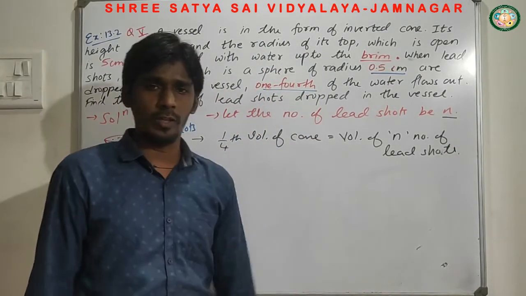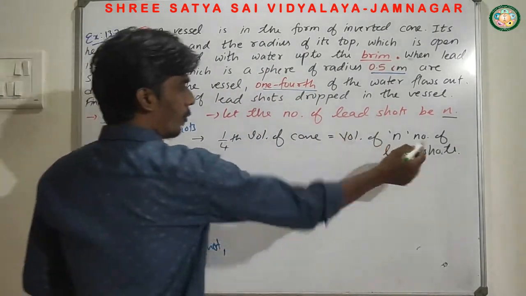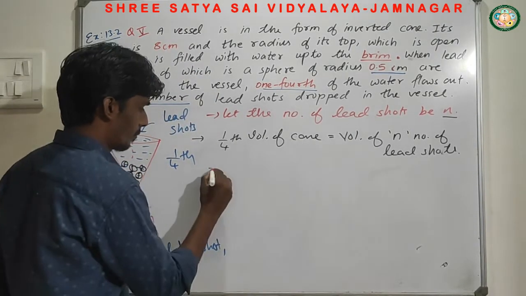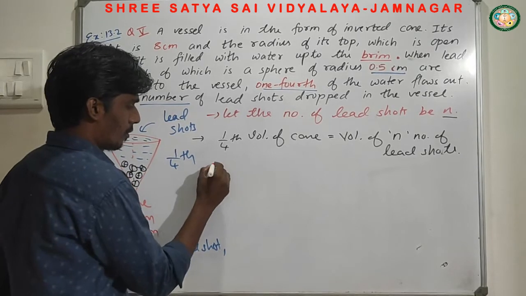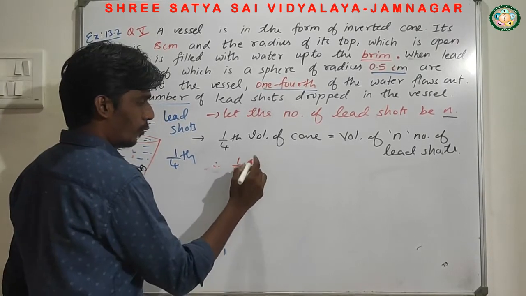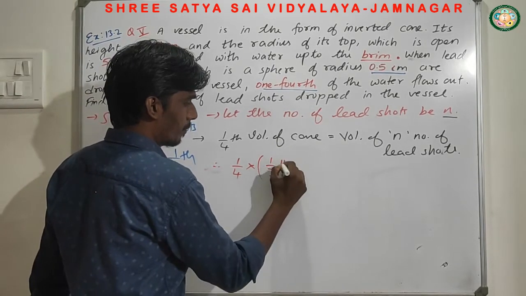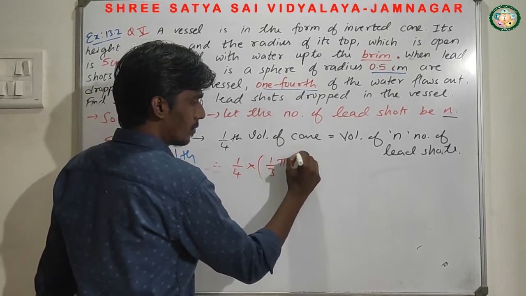So apply both the formulas, for the cone and for the spherical lead shot. Therefore, 1/4 into the volume of the cone, which is 1/3 pi r square h.